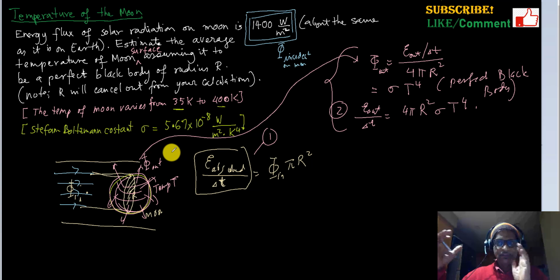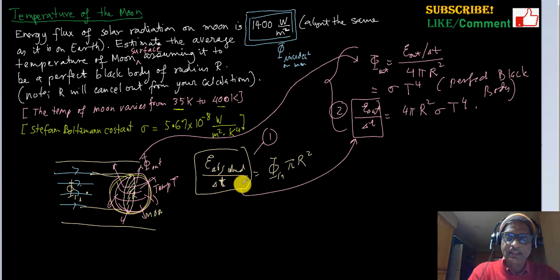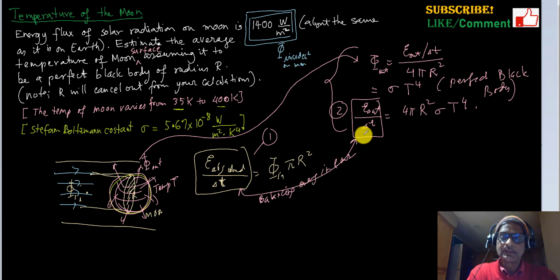Now we can assume that the temperature has reached some kind of equilibrium, so energy coming in is equal to energy going out. This is like balancing energy in with energy out.